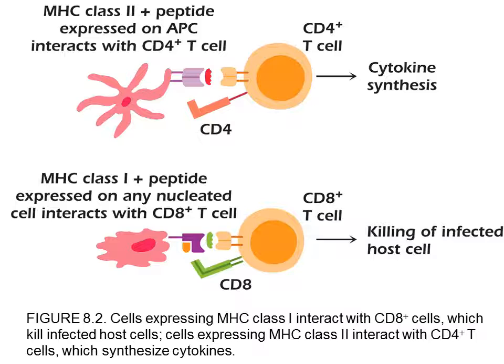I repeat, this is called restriction. So a cell that presents MHC class 2 can only talk to a CD4 T cell. And that's what's happening over here. It talks to a CD4 T cell, they come together, they interact, and then there is an immune response.